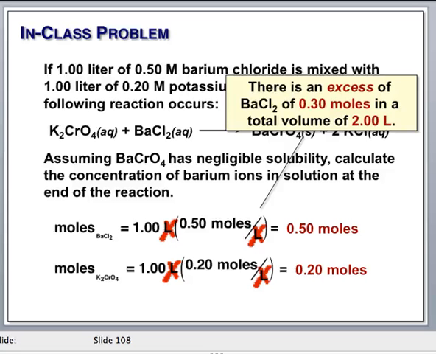Now, 0.2 moles of barium is going to react with our chromate, isn't it? So we're going to be left with 0.3 moles of barium left over.